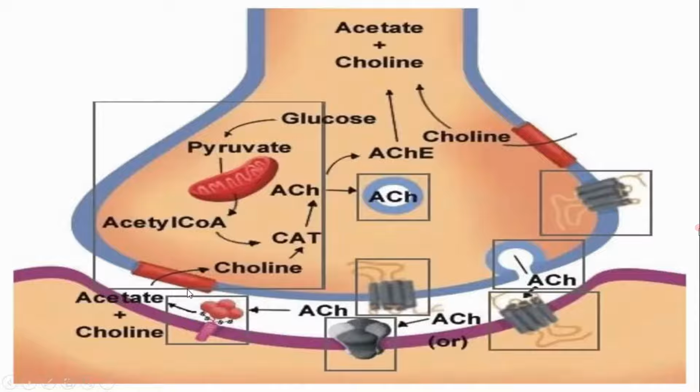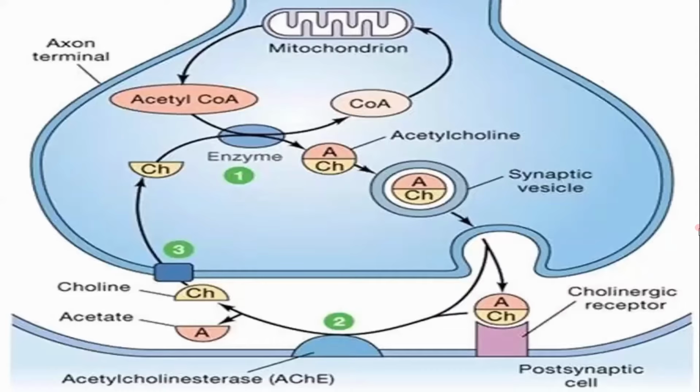And this choline is reuptaken by the presynaptic terminal via a clathrin-mediated transport for resynthesis of acetylcholine. You can see here again acetyl coenzyme A, now choline. So there is some enzymatic action out here, formation of acetylcholine, insertion of acetylcholine into the synaptic vesicle, release of acetylcholine, breaking down by acetylcholinesterase.